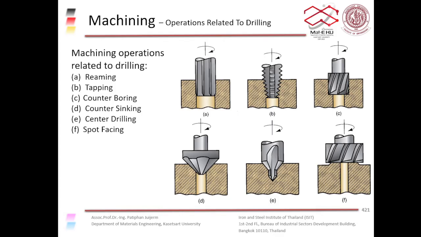So basically, if you want the center of the hole to be a certain distance from a certain place, for example, if you want the centers of two holes to be exactly 10 centimeters apart, you do the centering or center drilling for these holes first, because the center drilled hole is quite small, so it is easier to measure a correct distance between the two holes, right?